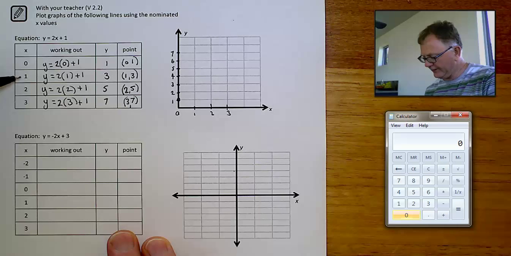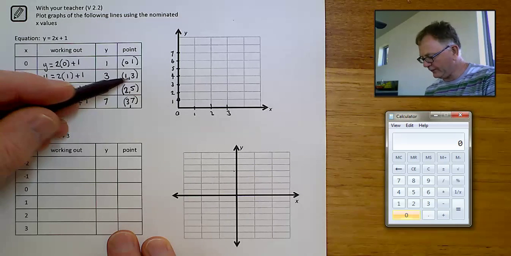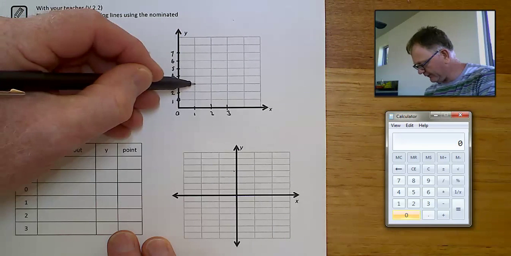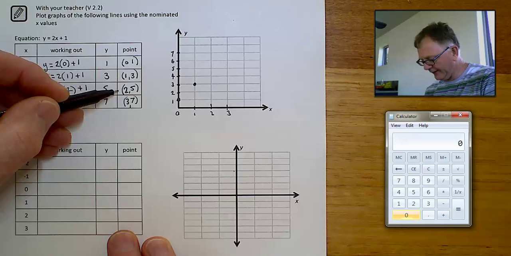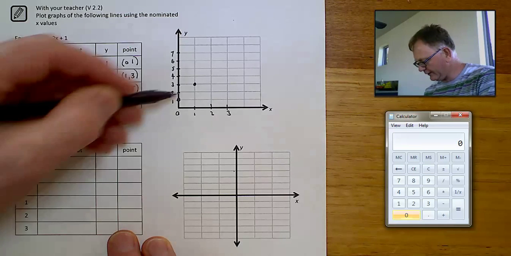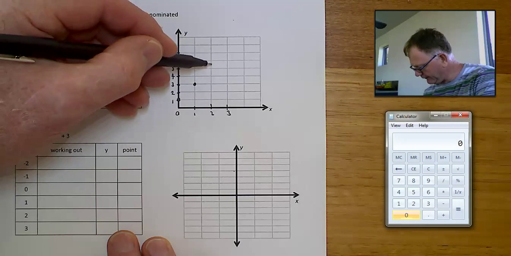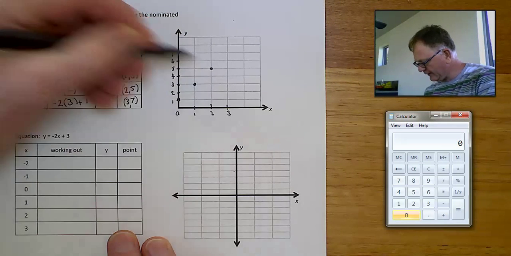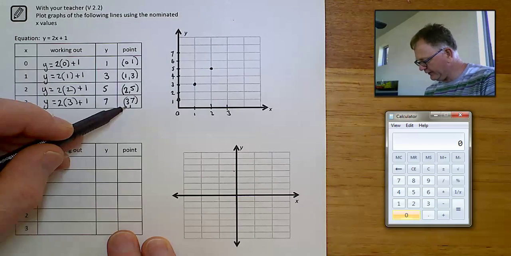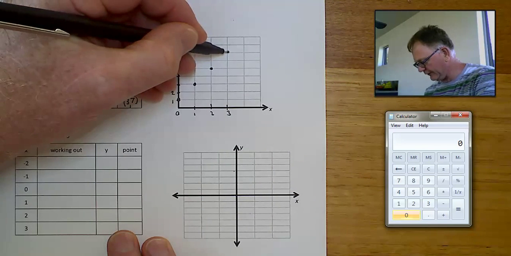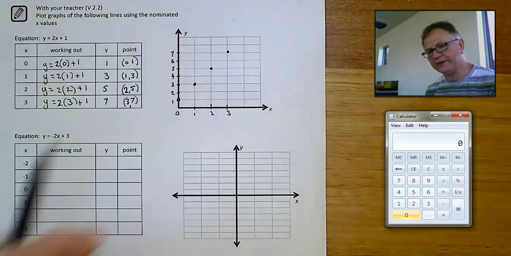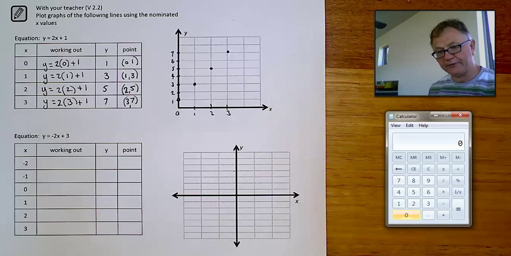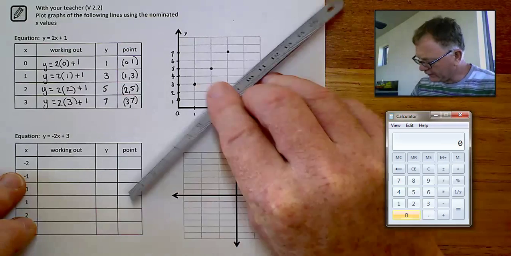The point x equals 1, y equals 3 is on the graph. The point x equals 2, y equals 5 is on the graph. And the point x equals 3, y equals 7 is on the graph. Can you see that we've got a straight line of points there? We can rule a line through those points.